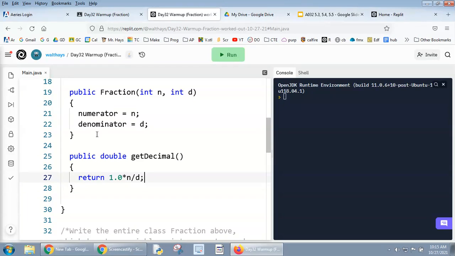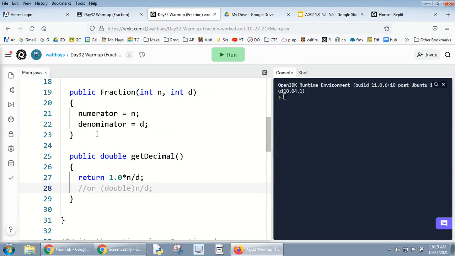Or you could have said the word double n divided by d. What you didn't want to do is do n divided by d in parentheses with a double in front, because that would do the integer math, throw away the decimal, and then turn it into a double.